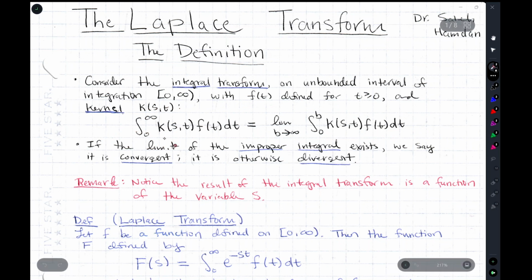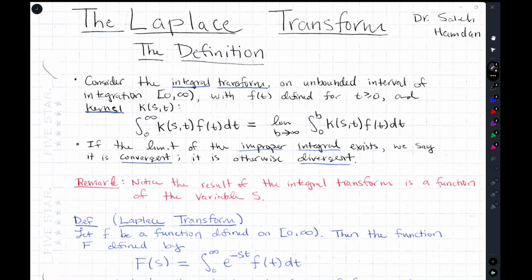And something to keep in mind here is, f is considered a function of t here. The variable of integration is t, and this kernel is a function of two variables, s and t. So what happens when you integrate through the variable t? What happens if you take, say, just an arbitrary integral of x and you have a lower and upper bound?